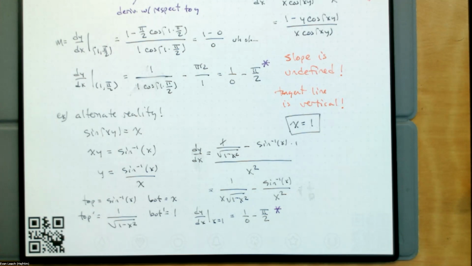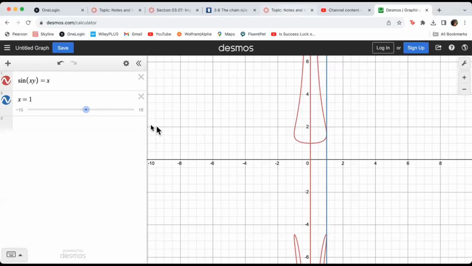We jump over and look at the graph. And we try to graph y equals sine inverse. We can see that part in green. Notice that we're only getting that one little bottom part.